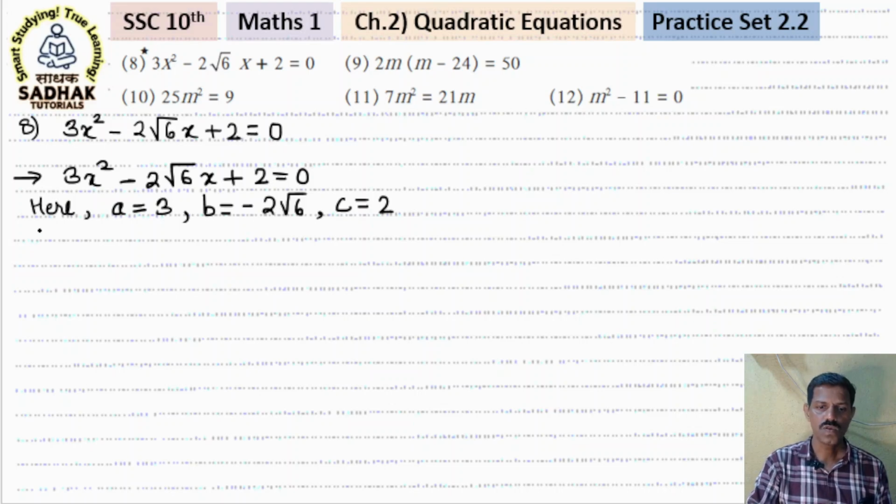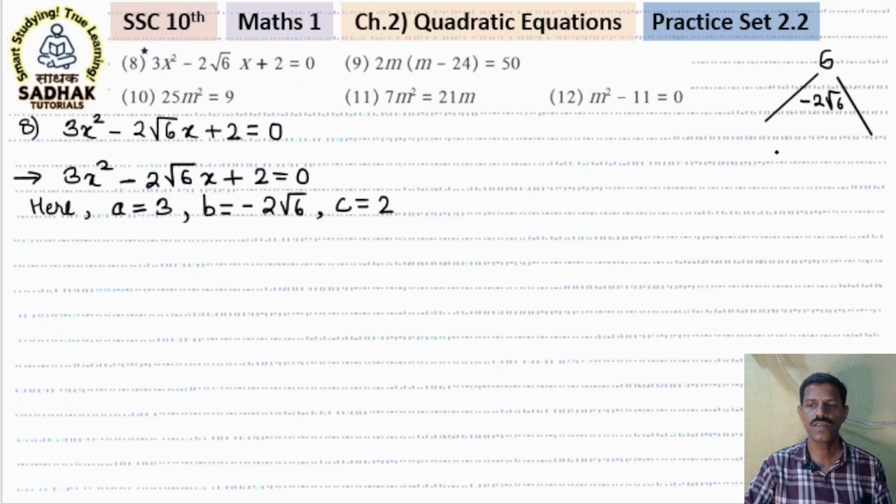Here a is 3 and c is 2, so 3 multiplied by 2 is 6. We have to find the factors of 6 such that their addition or subtraction gives us b, that is −2√6.